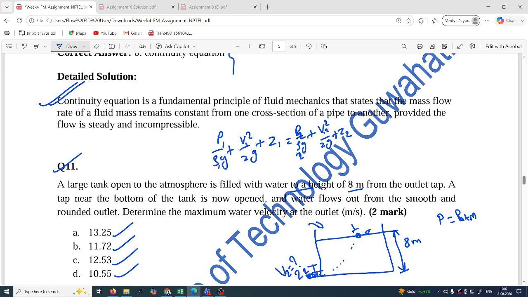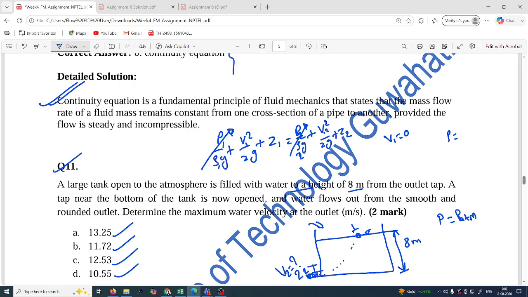Your density is constant, so the pressure term will be the same on both sides and will cancel out. Now what is V1? In the large tank, V1 will be 0.